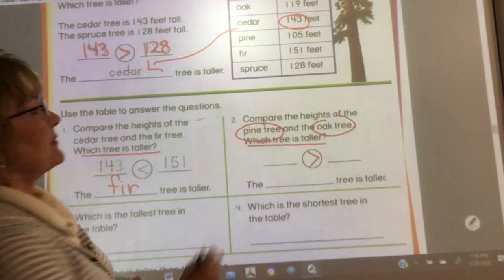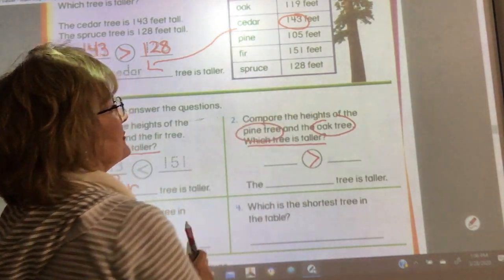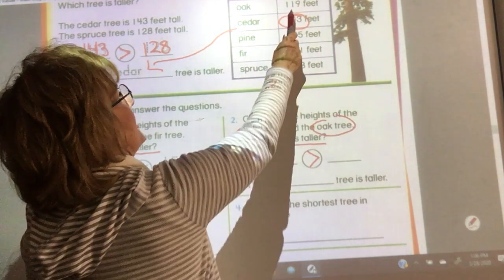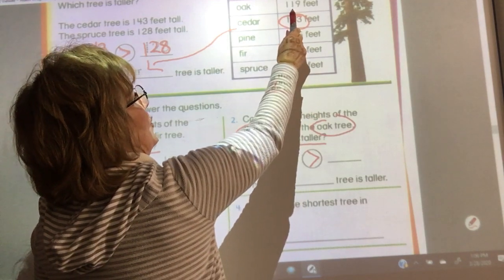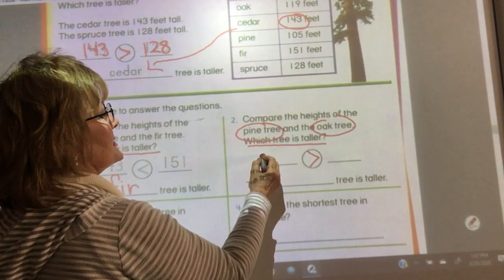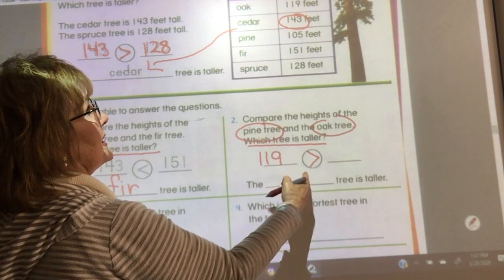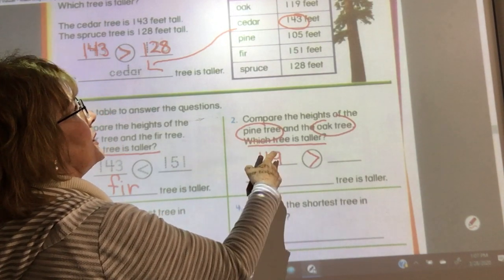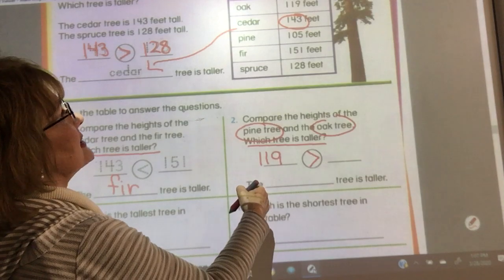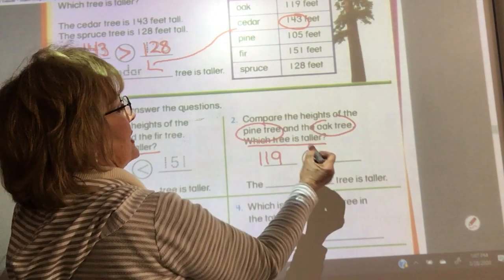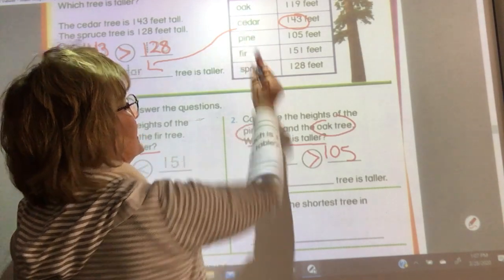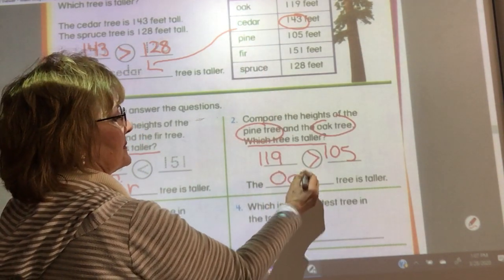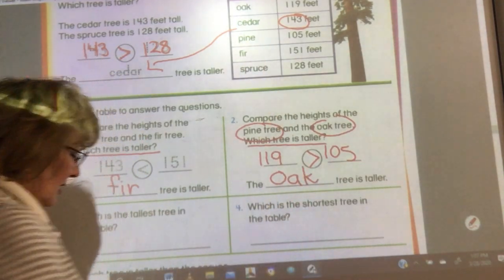So we have the pine, 105, the oak, 119. 119 is greater, so you want to say 119 is greater than, what was the other one? 105. So which one was 119? The oak tree is taller.